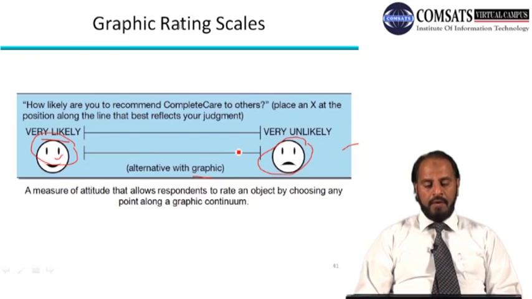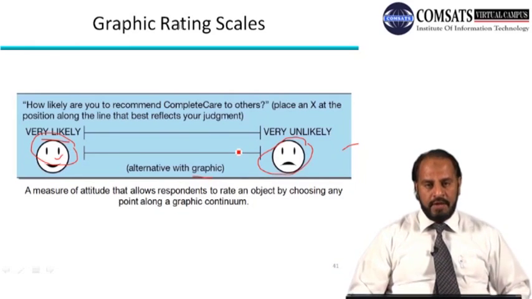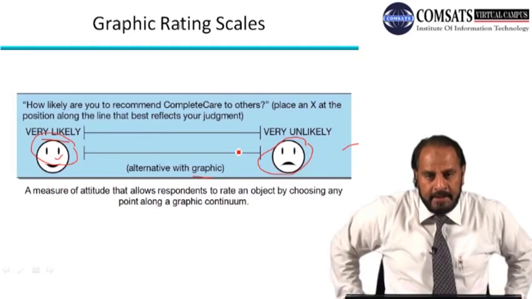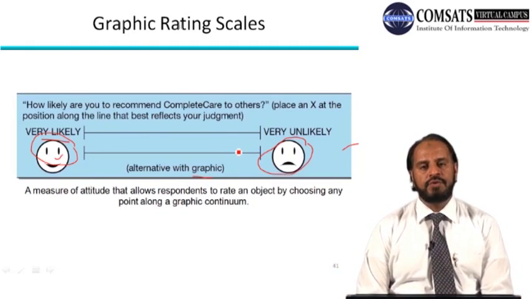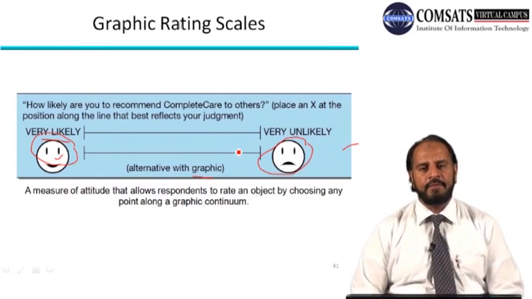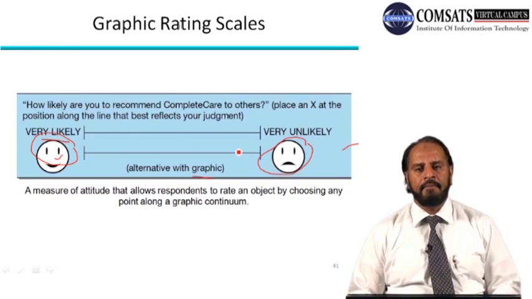Okay, so what we have talked about today is basically the different scales we can use to measure the variables we have. We said that some variables are easier to measure and sometimes they are difficult to measure.